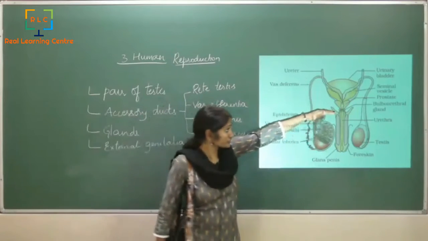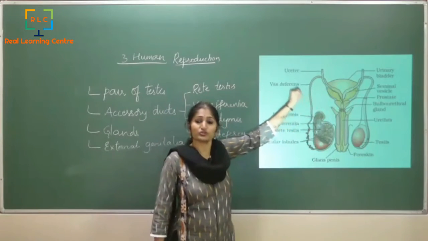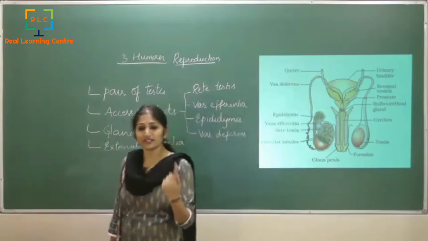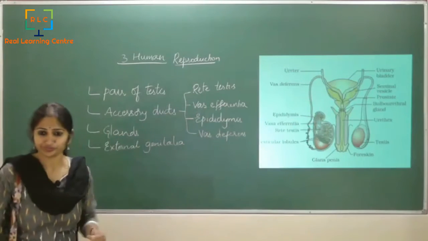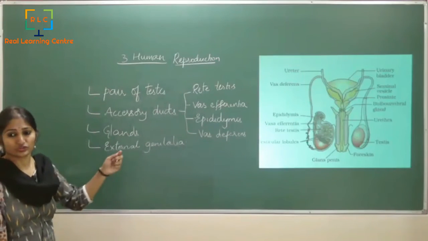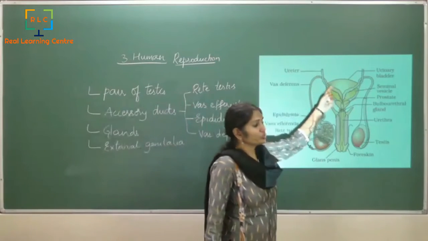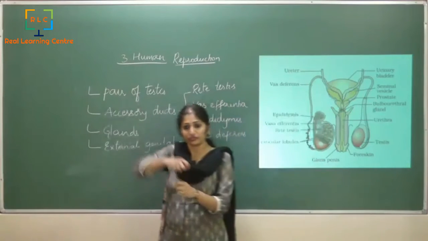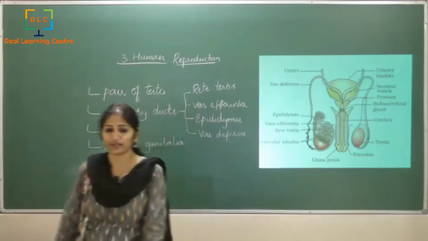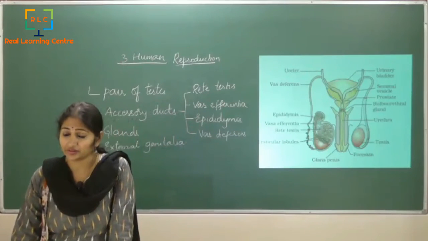All this time it was in the scrotal sac, now it goes into the abdomen. As it goes into the abdomen, it is very closely associated with the urinary bladder. So it kind of loops around the urinary bladder.